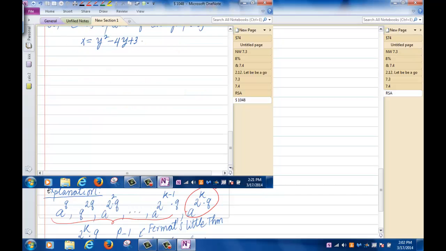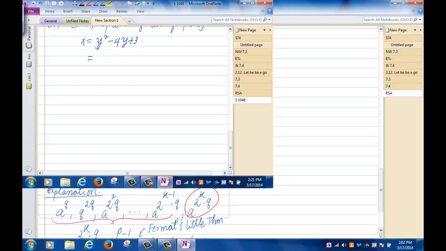It's a parabola, and what kind of parabola? It's opening to the right side, right? And how do I come up with the vertex and so on? You guys remember how to find the vertex? Basically you have to complete the square.